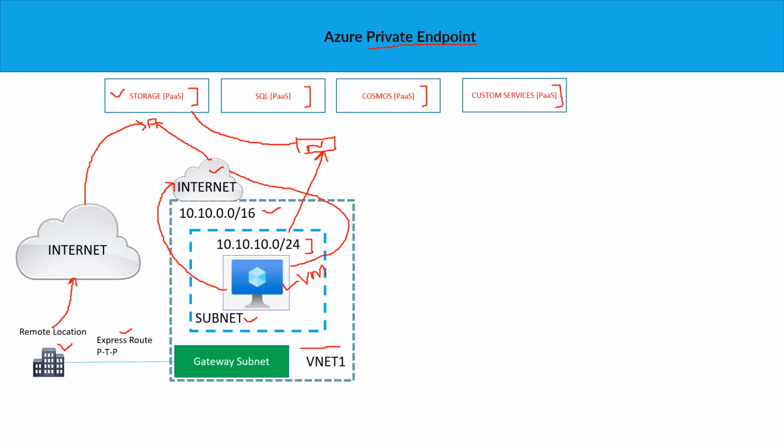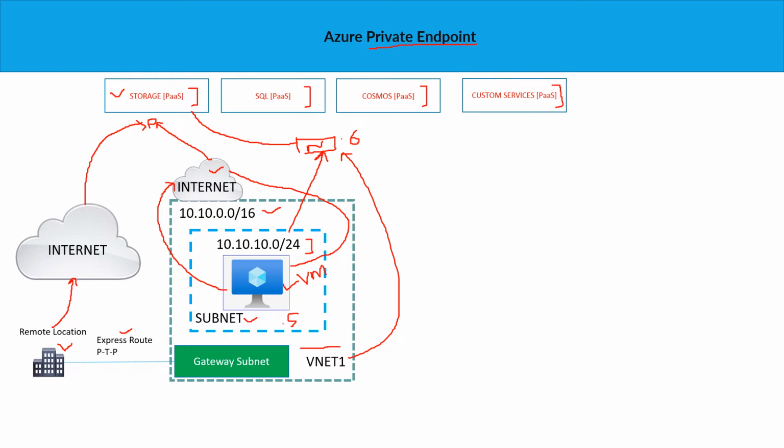It means it is going to be part of the same VNet. If it is going to take the IP from this subnet, so for example, my VM takes the IP dot 5 and this PaaS service takes the IP dot 6.